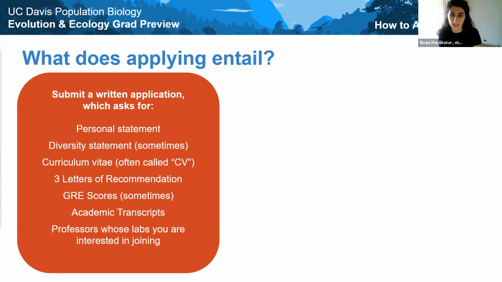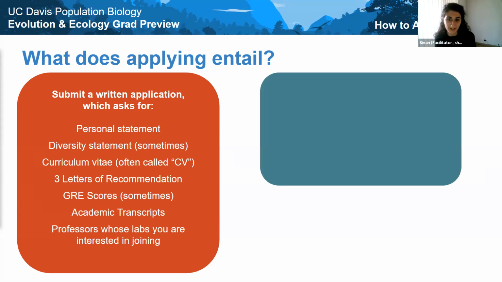You'll need to attach your curriculum vitae, which is a little different from a resume, and we're going to call that a CV. Three letters of recommendation. Sometimes you're asked to send scores from the GRE, which is a standardized test that people take for grad school admissions. You need to send your academic transcripts, and you'll be asked to list the names of professors that are affiliated with the graduate program whose labs you're interested in joining.